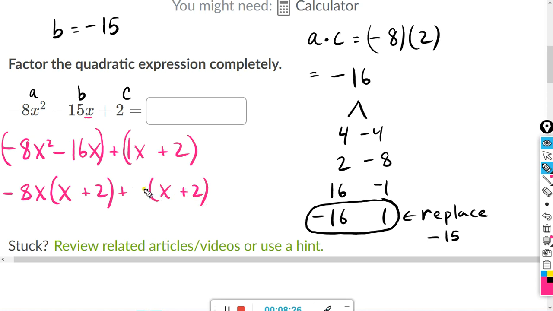Now, if you want a number in front of these parentheses here, you can just put a 1. Okay, that doesn't change anything to multiply it by 1. So notice that each of these terms are multiplied by x plus 2. So we have negative 8x plus 1 and that is times x plus 2.